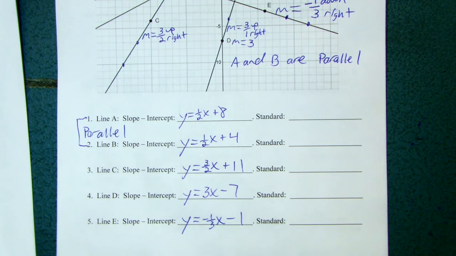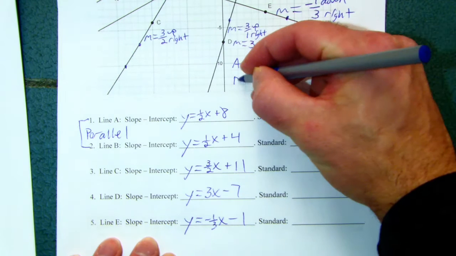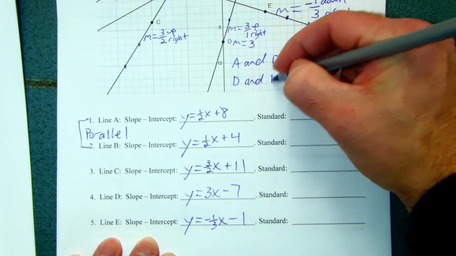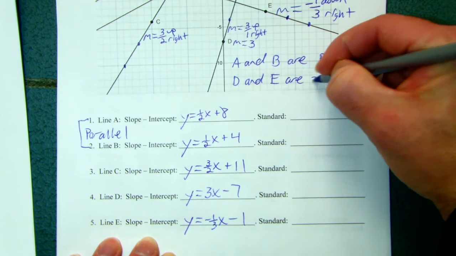And then as far as perpendicular goes, again, they got to be opposite reciprocals. So that's going to be D and E are perpendicular. You got 3 and -1/3. So D and E are perpendicular.